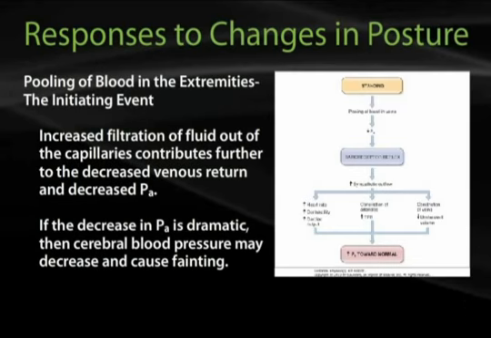Increased filtration of fluid out of the capillaries contributes further to the decreased venous return and decreased mean arterial pressure. If the decrease in arterial pressure is dramatic, then cerebral blood pressure may decrease and cause fainting.